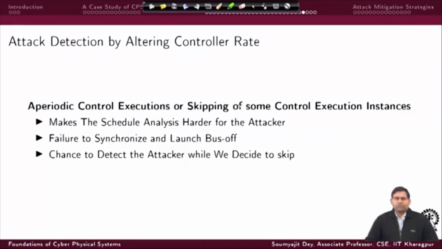So, let us talk in general about aperiodic execution or skipping of some control execution, which I mentioned earlier. This change of rate can also be modeled as aperiodic execution. What I mean is, let us say I am working with a sampling rate of h, and suddenly I increase that rate to 2h.